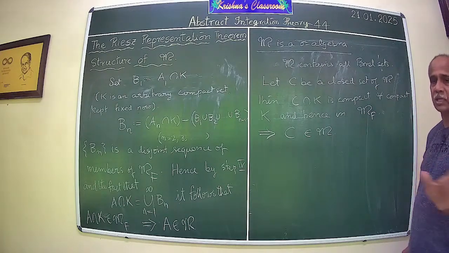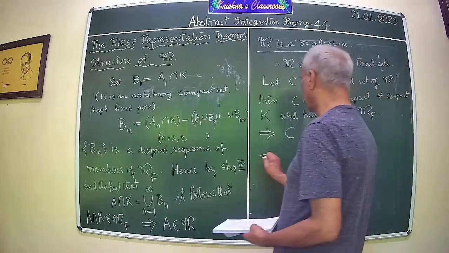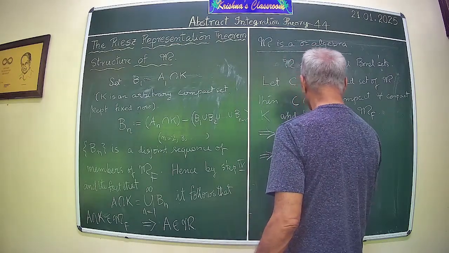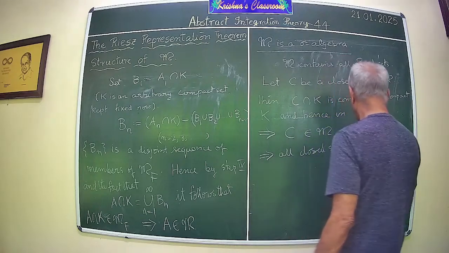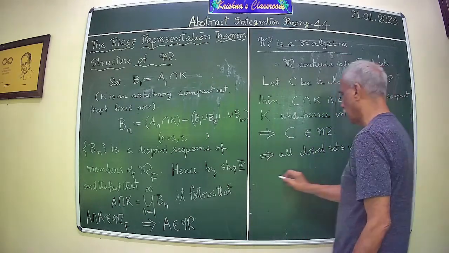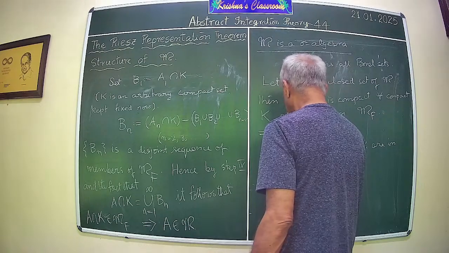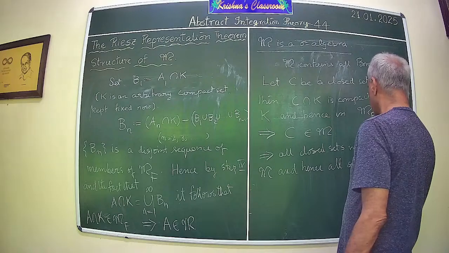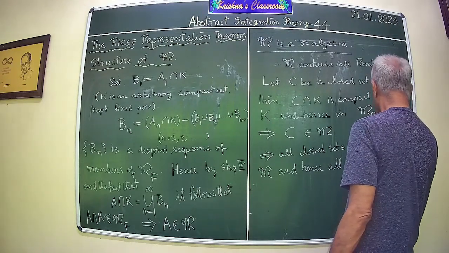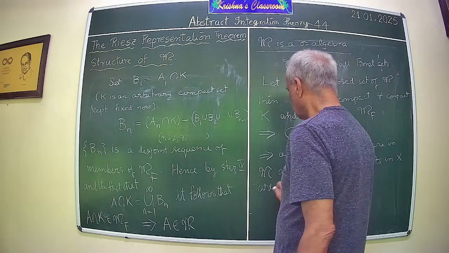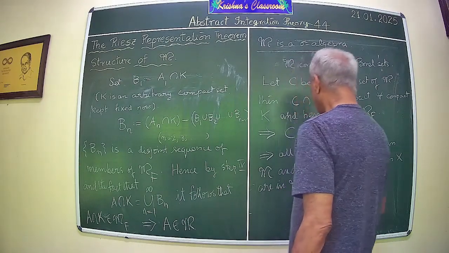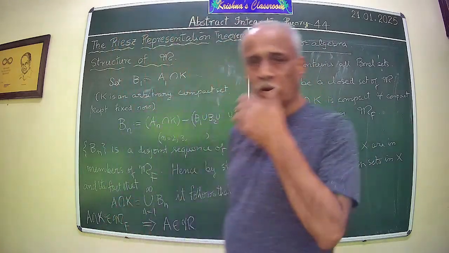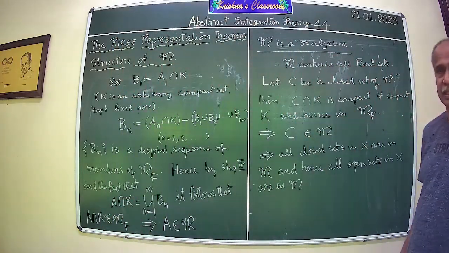Therefore, their complements are in M, which implies all closed sets in X are in M, and hence all open sets. Now the Borel sets are generated from open sets by taking countable unions and countable intersections.